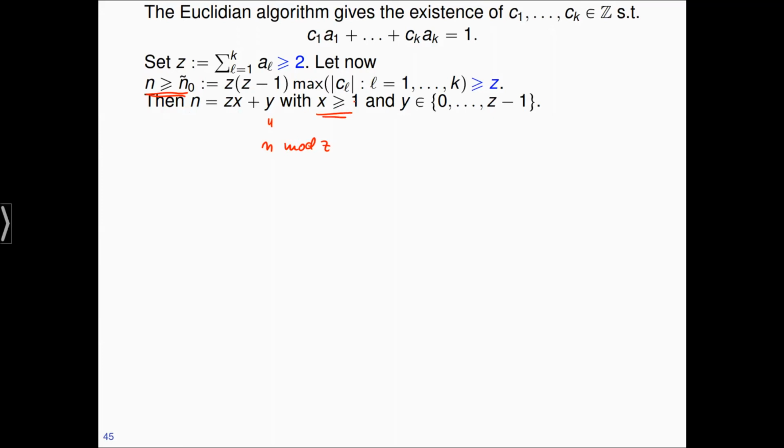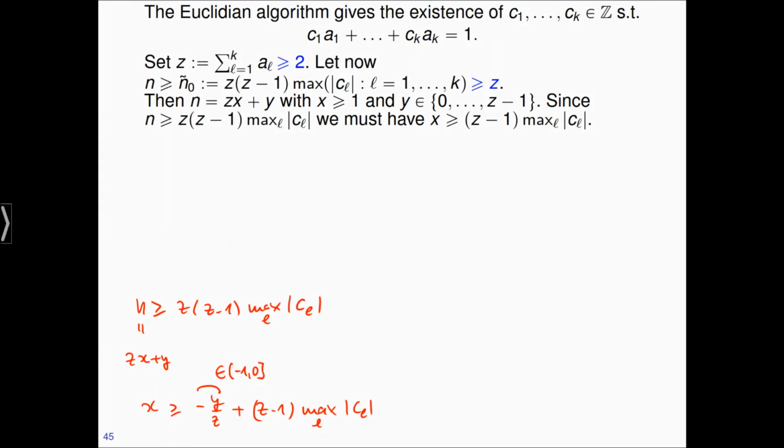And the x here is greater or equal to 1 because n is greater or equal to Z. And actually a quick computation that you see here gives that x is even greater or equal to (Z minus 1) times the maximum of the modulus of the c_l. Yeah, so the computation is here. n is greater or equal to this thing here. n can be represented as Zx plus y. If you divide by Z, then x is greater or equal to this number here, which is (Z minus 1) times the maximum, plus this number. So x has to be greater than this number here, because x is an integer.